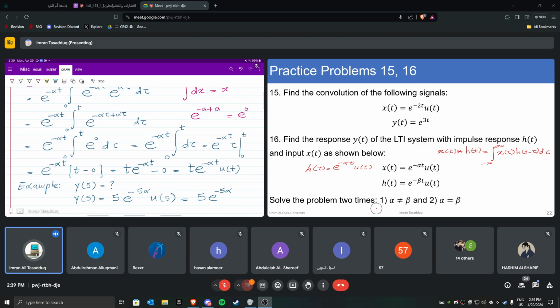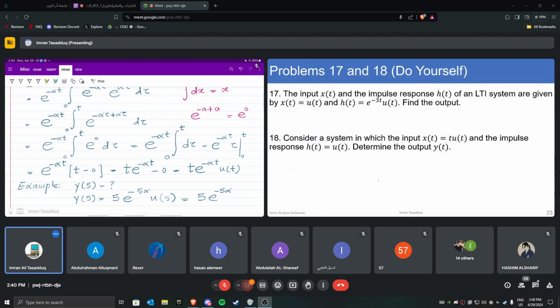All right. Now this is quite easy. The input x of t and the impulse response h of t of an LTI system are given by x of t is u of t and h of t is e to the power minus 3t u of t.